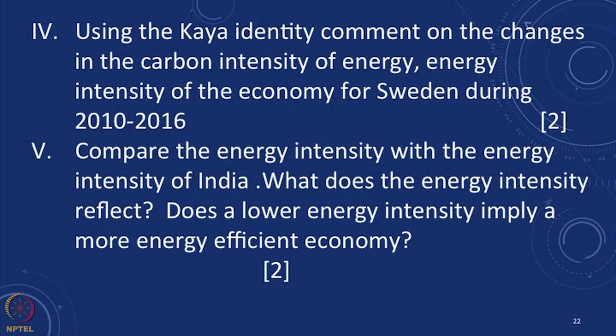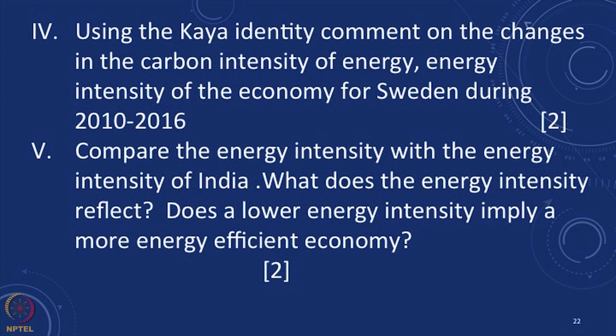If the economy produces more industrial goods, the energy requirement is higher. If it is more in manufacturing, if you are doing steel, cement, aluminum, we'll need more energy. However, if the GDP is coming from the services sector, the energy requirements are less.